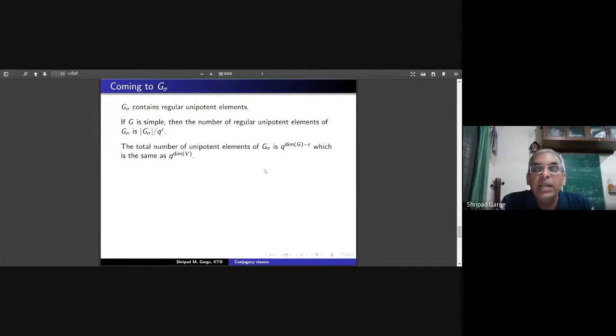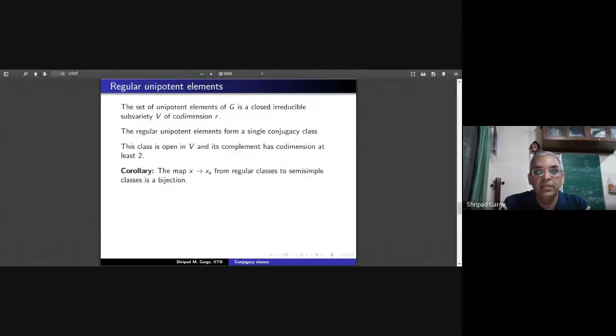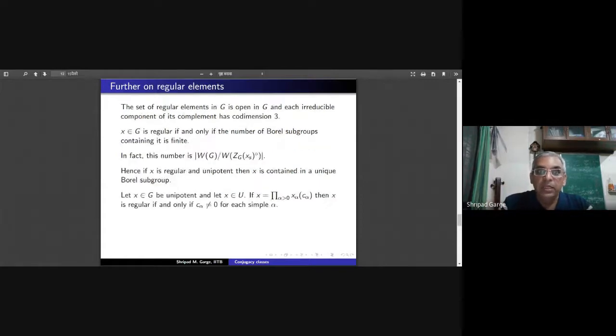Whereas if you are looking at unipotent elements alone, the total number of these is Q power dim G minus R, which is the same thing as Q power dimension V. I told you that there is this subvariety capital V consisting of unipotent elements of codimension R. So the dimension of V is dimension G minus R.